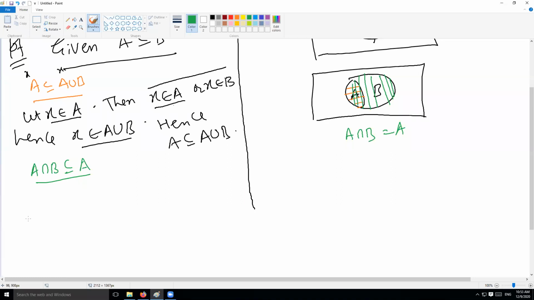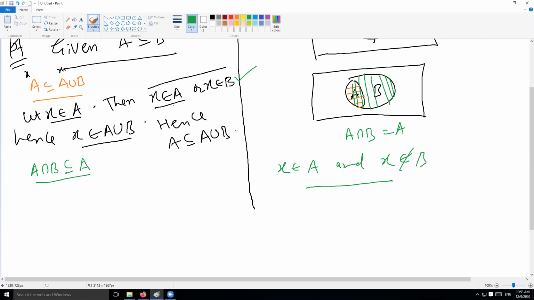Sir, here we took only one element, x belongs to A, some one element. It could also happen, sir, that there is an element in A that is not in B. What will you do for that? If there is an element which is in A and x does not belong to B, then this condition is still true.